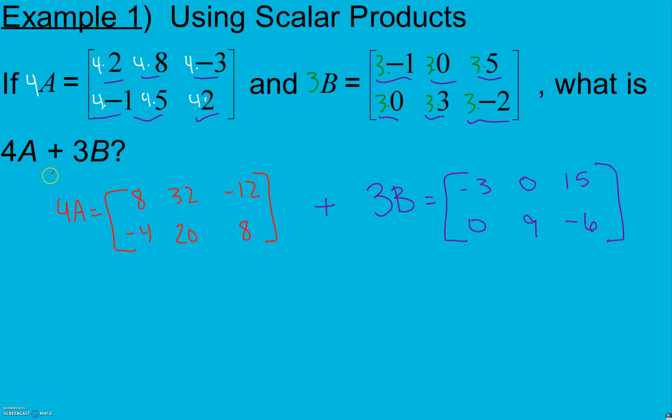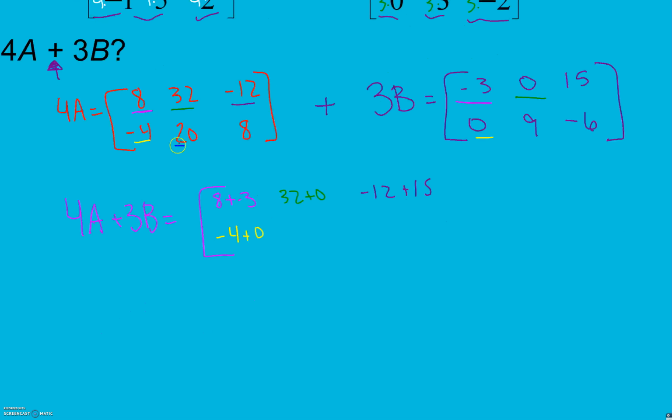Now, I have to add my two matrices. In order to do that, I add my corresponding elements, which means 8 plus negative 3, 32 plus 0, negative 12 plus 15, negative 4 plus 0, 20 plus 9, and 8 plus negative 6.